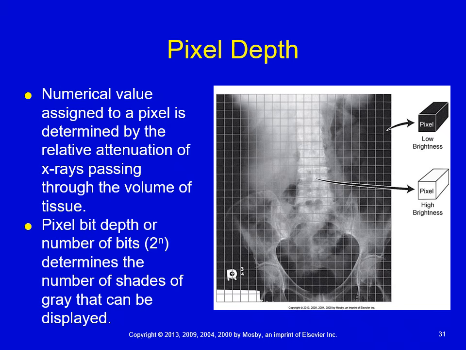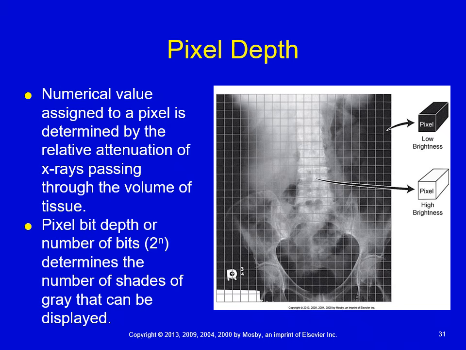All right, so now we're moving on to pixel depth. We already know that pixels are those tiny squares that make up the image. We know that the pixels fit inside, or make up, the matrix. But what you need to know is that each of those pixels, after the image receptor receives that radiation, will eventually be assigned a shade of gray.